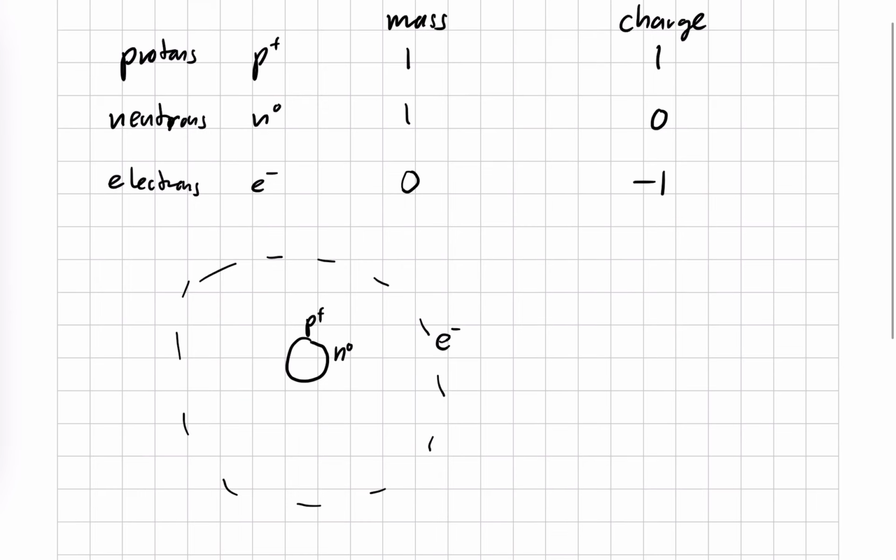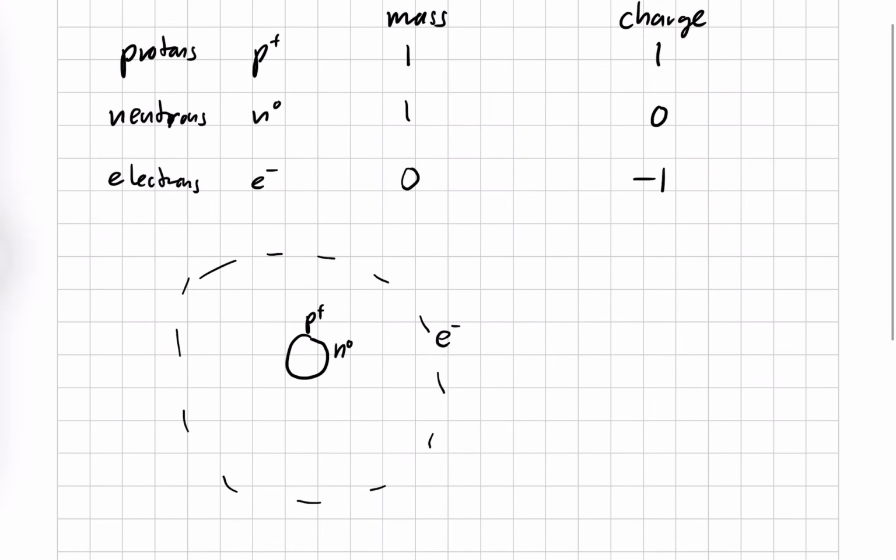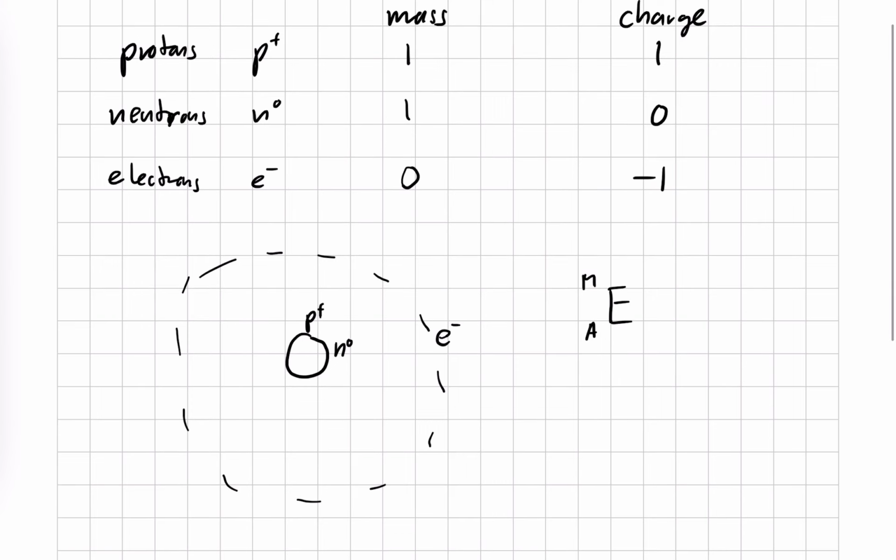So now I would like to talk about how elements are written. So if you have an element, it's usually written like this. So I'm just writing E for element. And then it has a number here, and then sometimes it also has a number here. So what do these numbers mean?